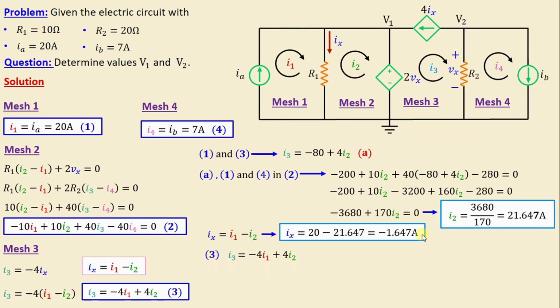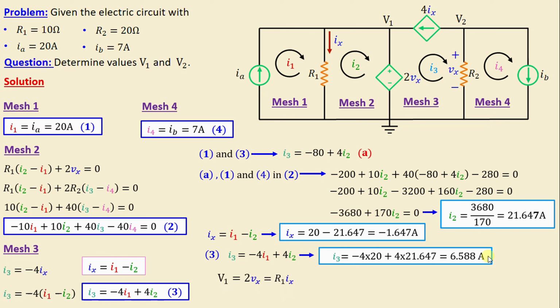And from equation 3, we have I3 is equal to negative 4 I1 plus 4 I2. If we replace I1 and I2 with their numerical values, we obtain I3 is equal to 6.588 amps.